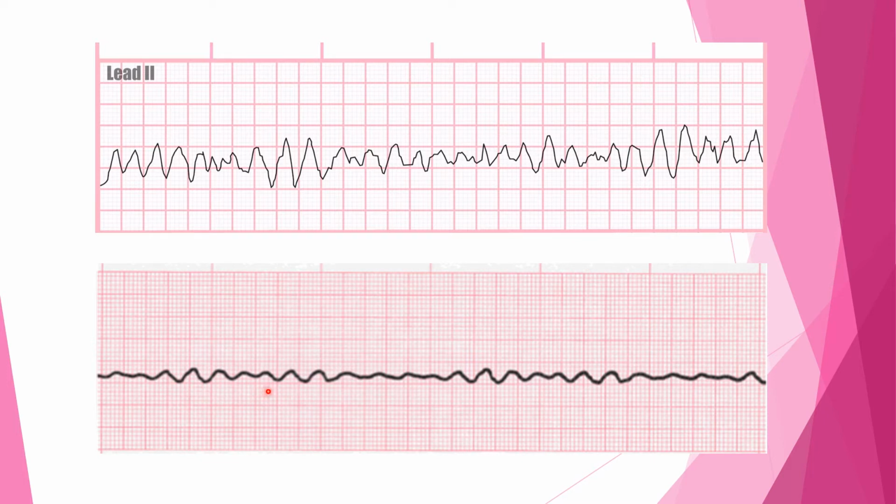The majority of the waves are less than 3 millimeters. Maybe some wave, like here, is 3.5 millimeters, but most of the waves are less than 3 millimeters. So this is fine VF and this is coarse VF.